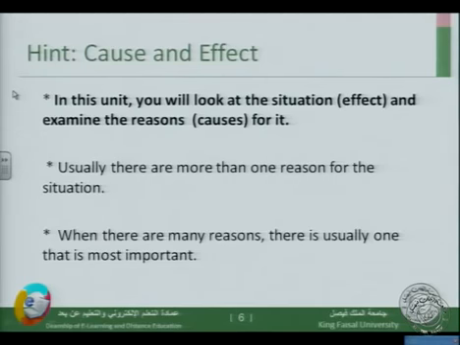In this unit, we will look at the situation, the effect, and examine the reasons, the causes for it. Usually there is more than one reason for a situation. When there are many reasons, there should be one reason which is the most important among the others.